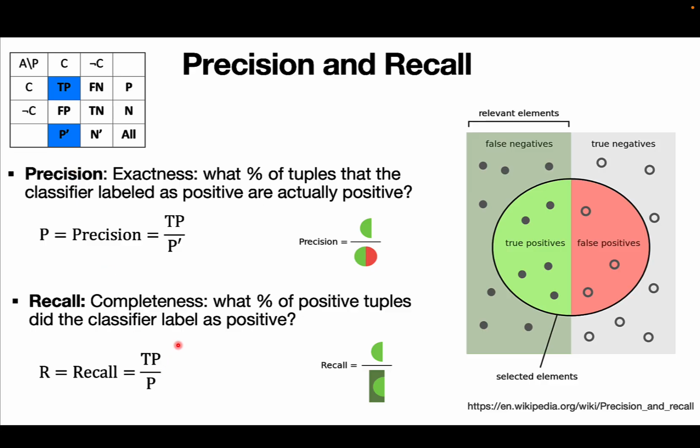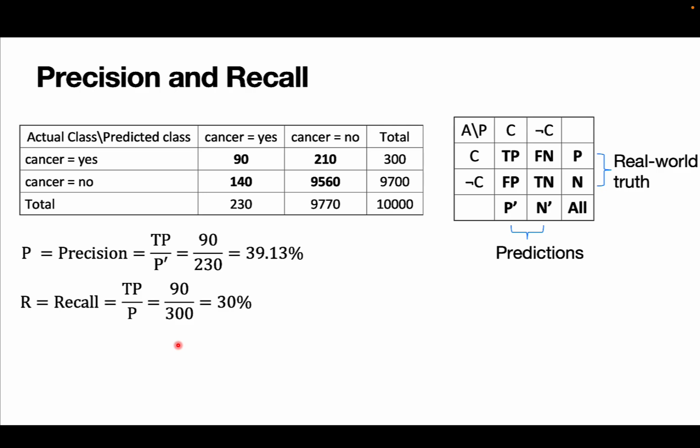Recall is the same as sensitivity, which measures the true positive rate as we have seen. Another way to assess the model is by looking at precision and recall at the same time. In this example, we work out the precision and recall for the cancer example.